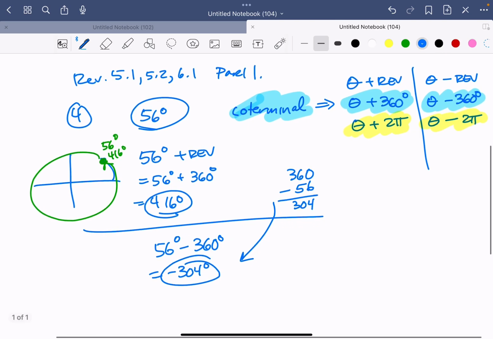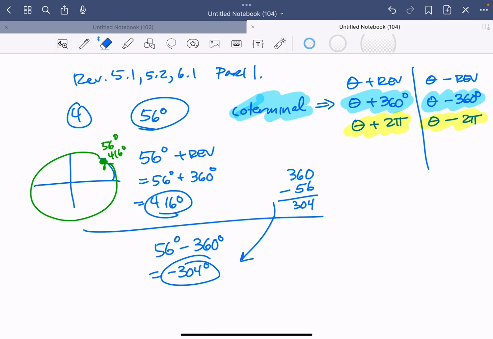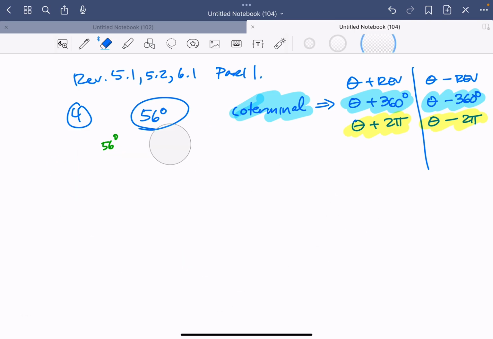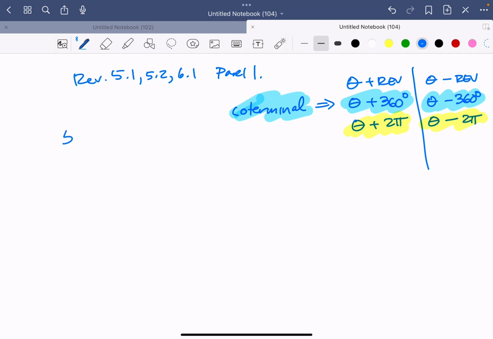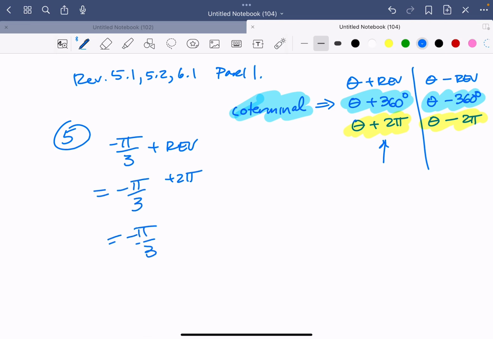Number 5. So now you'll notice that number 5 is the radian version of the same question. If I've got this and I want to add a revolution, I look here and I add a revolution. In this case, it would be 2 pi. So if I add 2 pi, that's the same as adding, well, I hit this with a well-chosen 1 of 3 over 3. So I'm going to add 6 pi over 3.